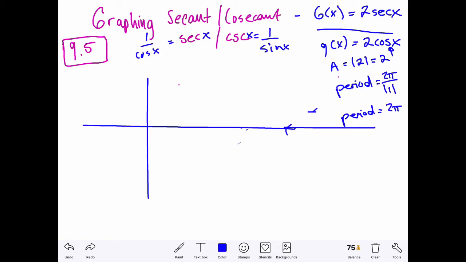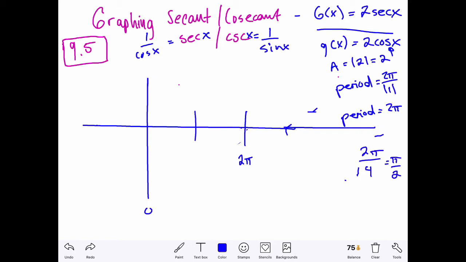Okay, so we start at 0 and we're going to go up to its period length of 2 pi. How much did we add from 0 each time? Well, we divided 2 pi into 4 equal sections, so pi over 2.